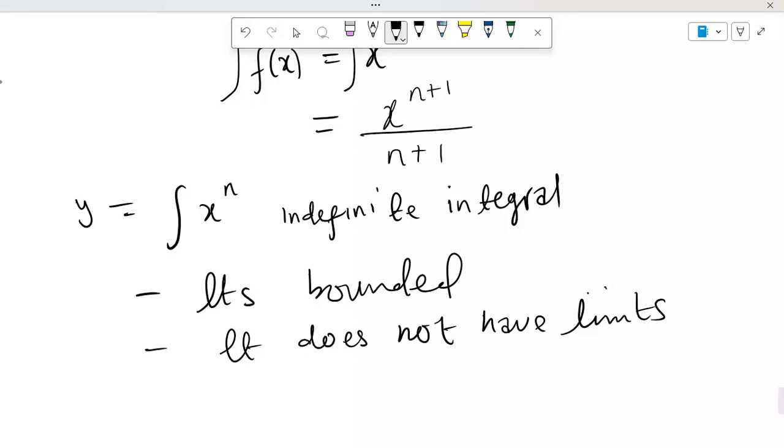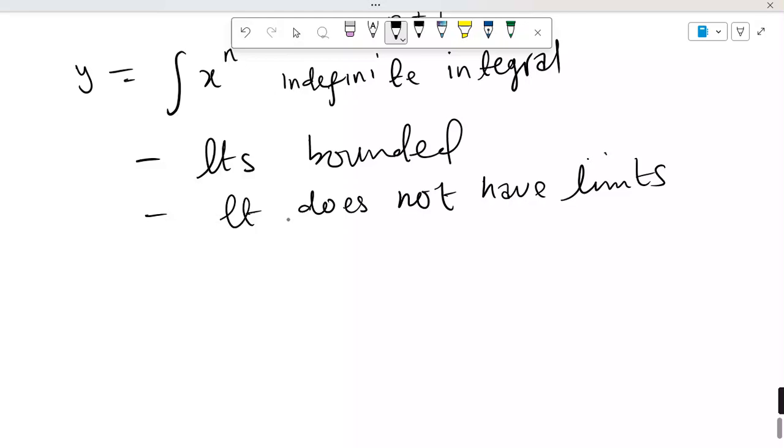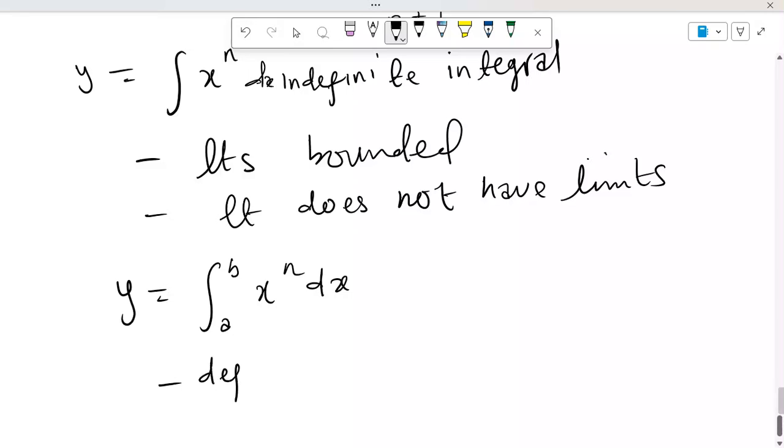Then there is another form where they give you, for example, y equals the integral from a to b of x to the power n dx. This should be dx because we are integrating with respect to x. This one is called a definite integral.